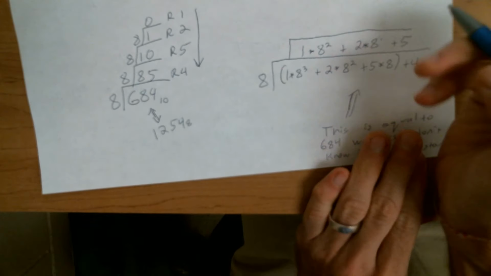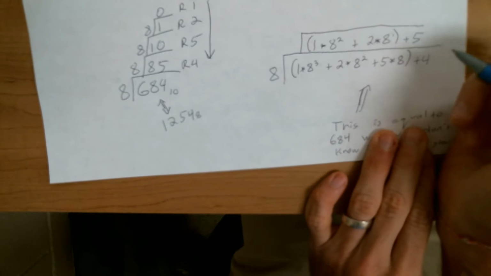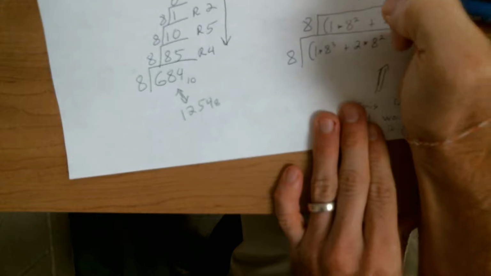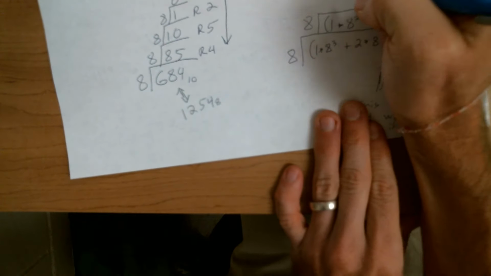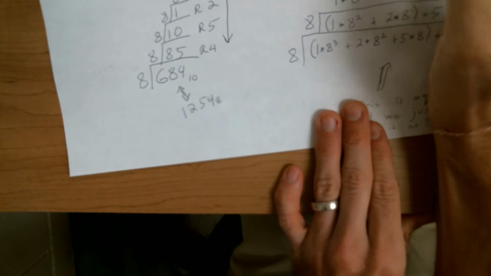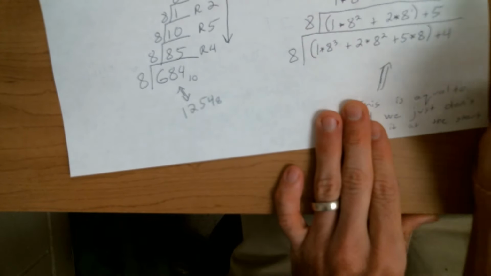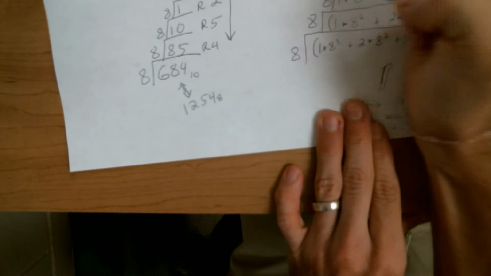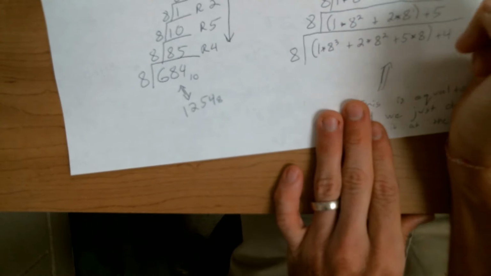All right. And then I could say, well, I'm going to pull out the common 8 here. And when I do that, I then get 1 times 8 to the first plus 2. And then I could say, well, I could really pull the 8 out of just this part, and I'd have the 2 left over.